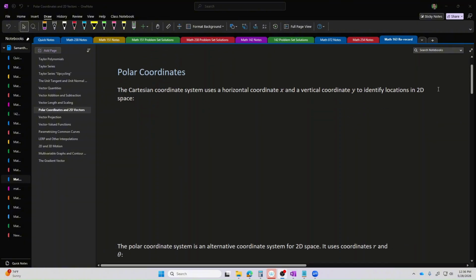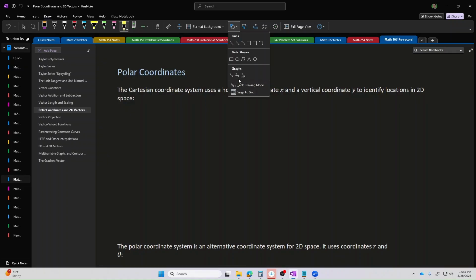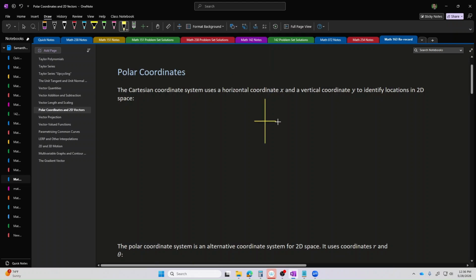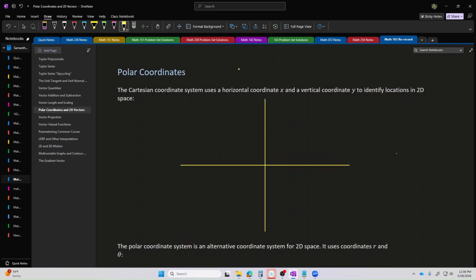To set the stage, when we first learned about the XY plane and how to make graphs in two-dimensional space in algebra, we describe locations in two-dimensional space using two numbers, right? One number x, one number y.